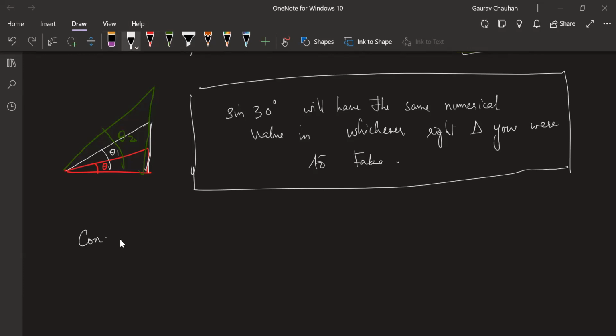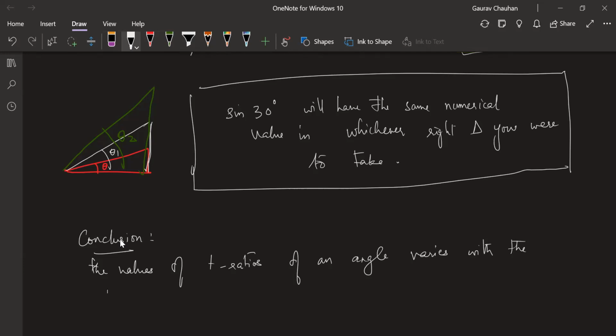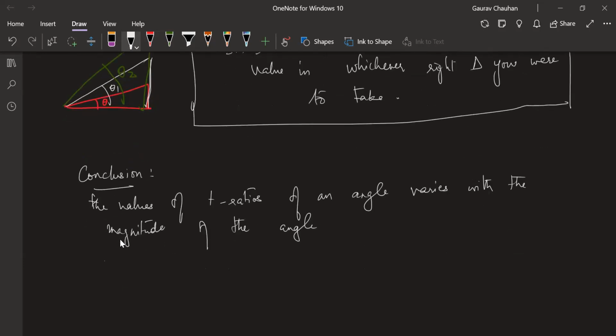The conclusion of our discussion so far is that the values of T ratios of an angle vary with the magnitude of the angle, and do not vary with the length of the sides of the right triangle.